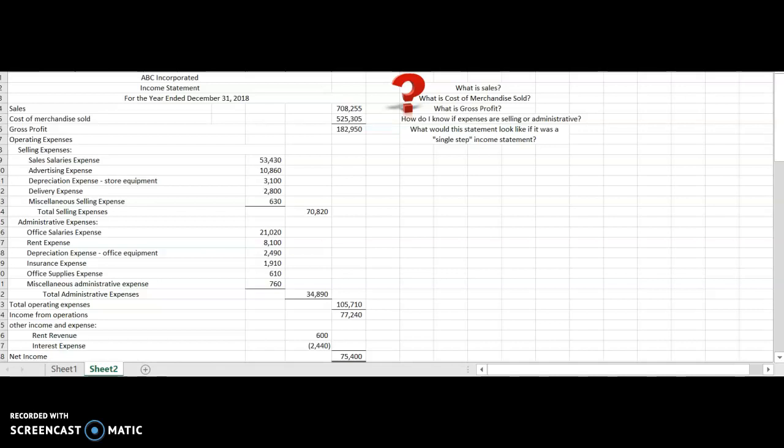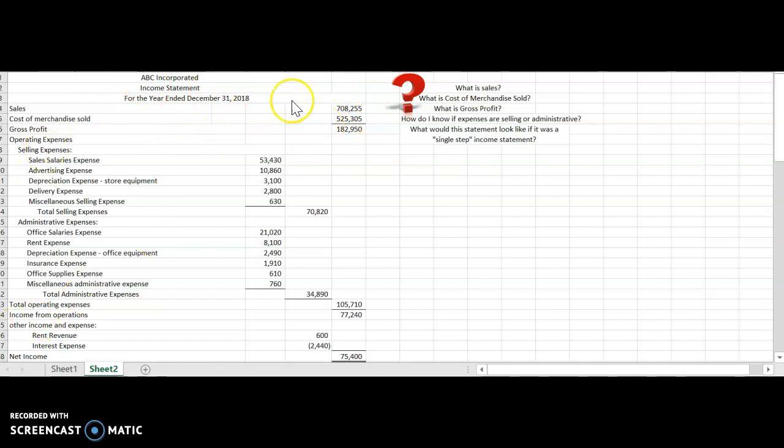So in our revenues, instead of calling it fees earned, we are calling it sales, because now we are actually selling merchandise. So sales is a revenue account. And then our biggest expense for a merchandise company is usually cost of merchandise sold. And that is exactly what it says. It is the cost of merchandise sold.